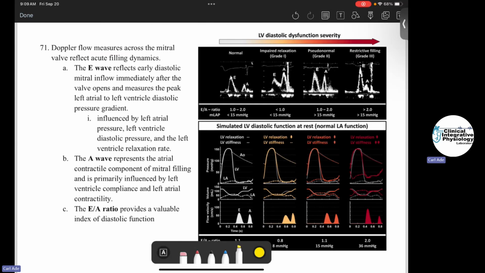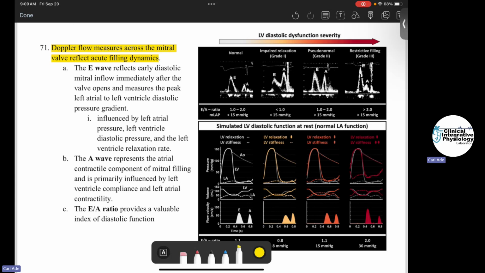So this is where we go back to ultrasound. Using that Doppler technology to look at blood flow, we essentially look at how quickly blood moves into the left ventricle, and we use that at the level of the mitral valve. Remember, the mitral valve separates the left atria from the left ventricle.